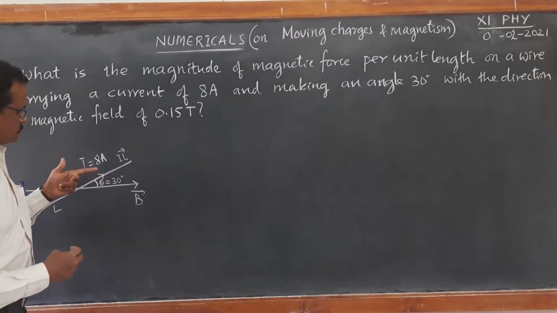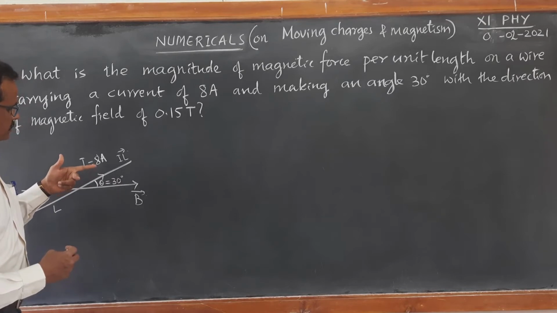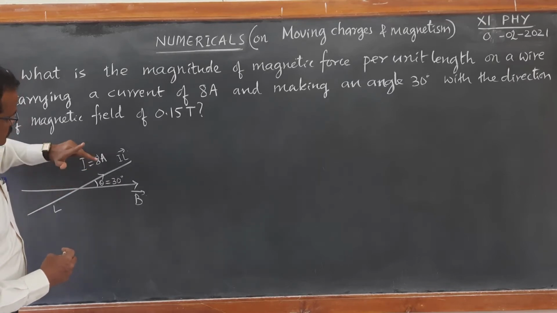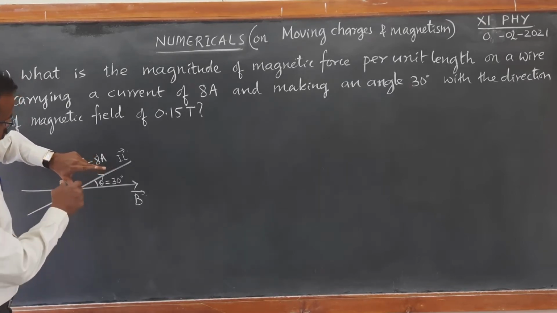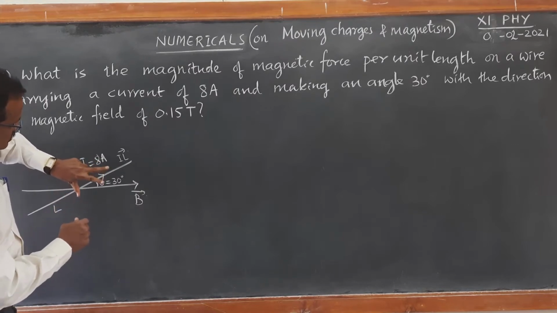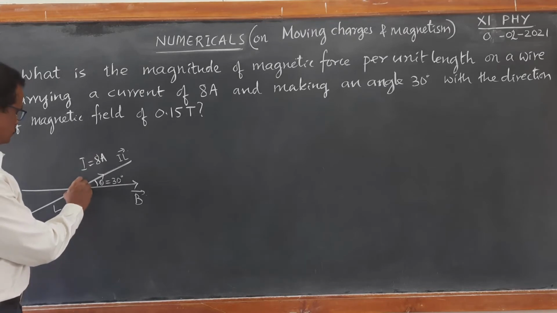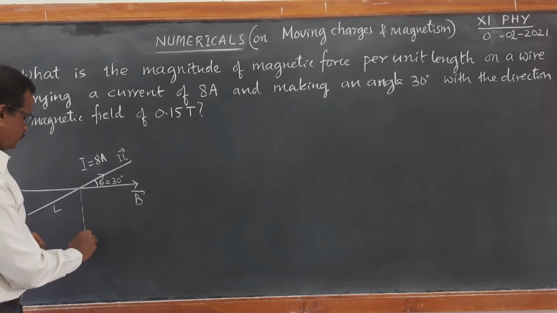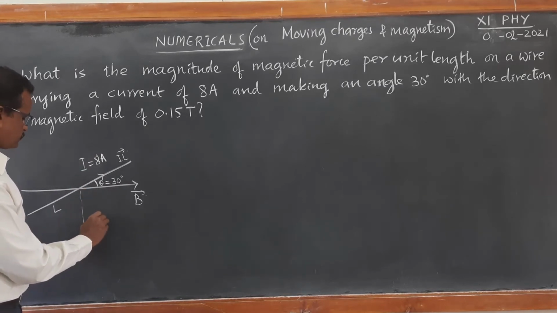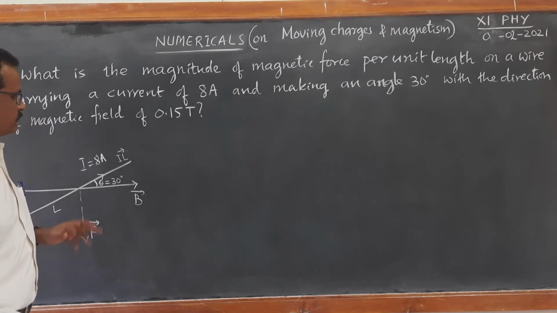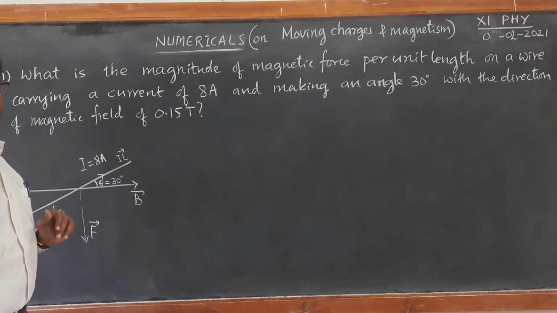So if you just stretch your fingers, IL cross B, you can see here, this is IL, this is B, so magnetic force is downwards. You can see the magnetic force acting on this will be downwards. So this is how one can find out the direction of force IL cross B using Fleming's left hand rule.